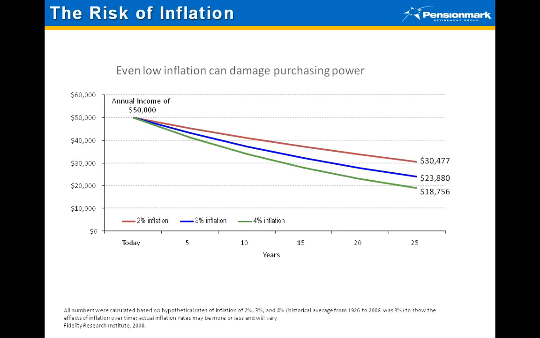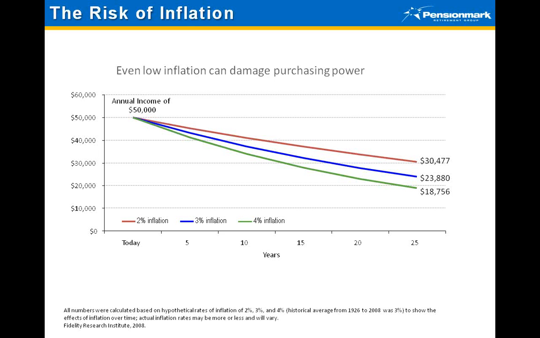Here we're looking at how even low inflation can damage your purchasing power. So we're looking at an annual income of $50,000 today in this slide, and what it would look like in 25 years. The red line is if inflation were growing at only 2%. And as of recently, we're averaging about 3%.